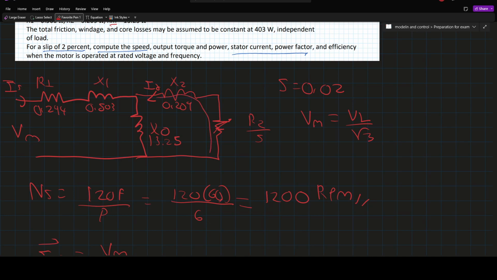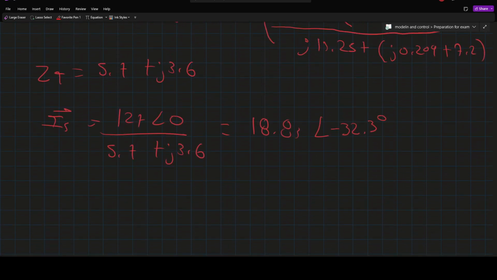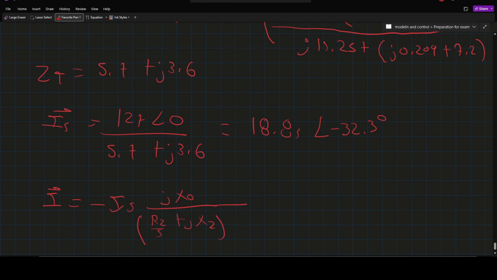So in our current divider we are going to have jX naught on top. So our IR is equal to minus IS, minus because it's going the other direction, times jX naught over R2 over S plus jX2 plus jX naught.